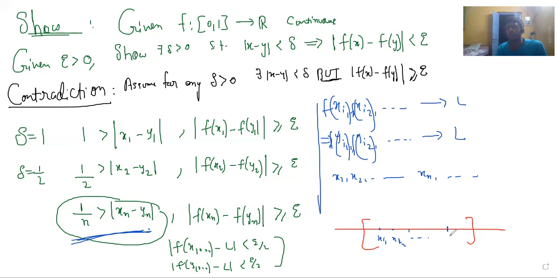And you can take the supremum of that, and that is the limit. But that supremum will be in the closed interval because it's like the maximum of the set. The maximum has to be in the closed interval itself. And that is good.